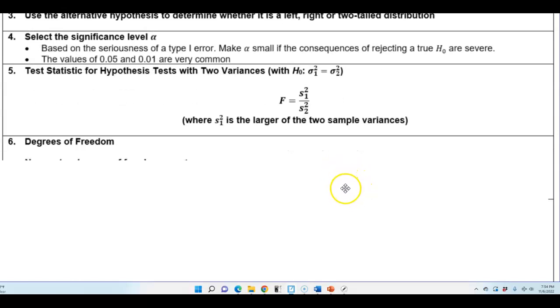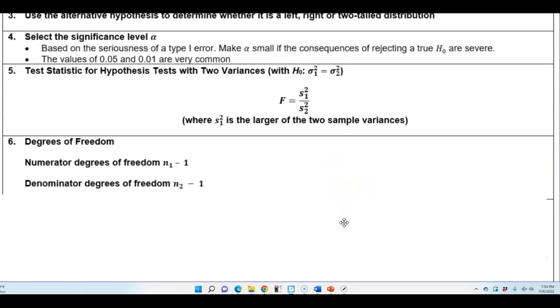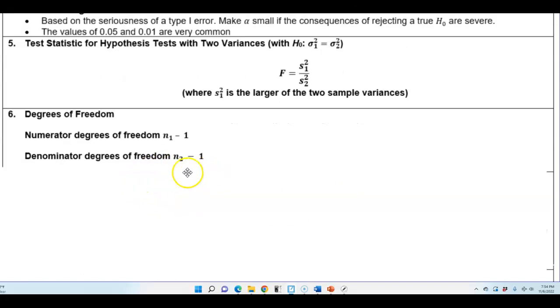Degrees of freedom. The numerator degrees of freedom is n1 minus 1, and the denominator degrees of freedom is n2 minus 1.